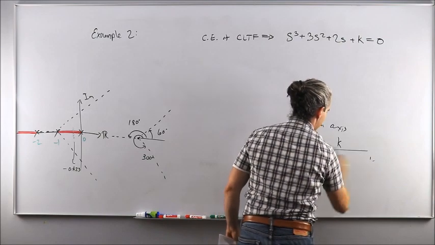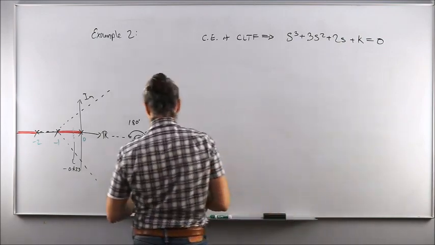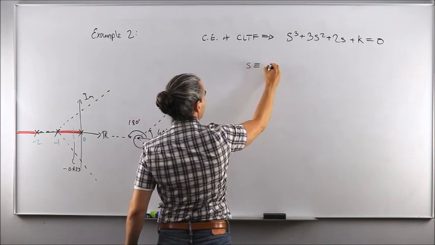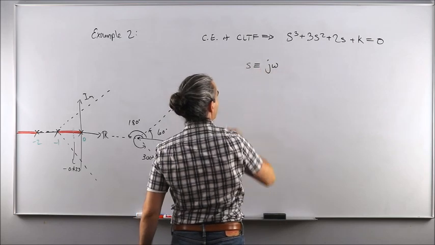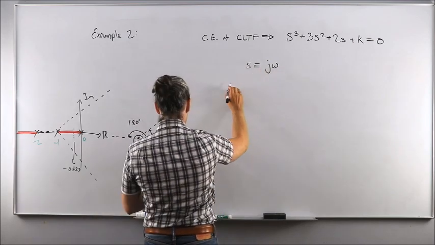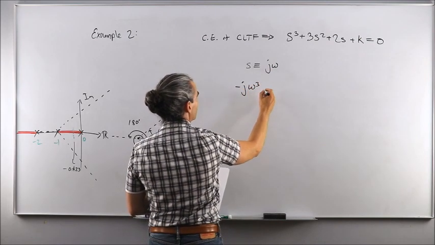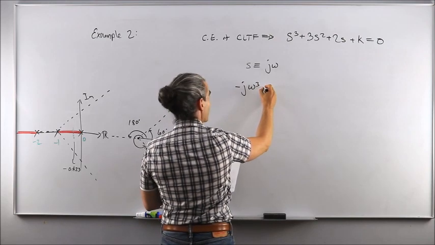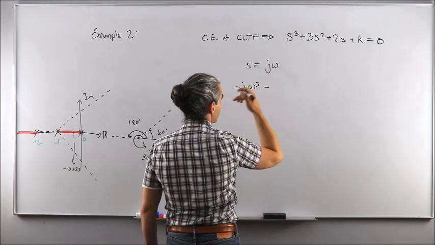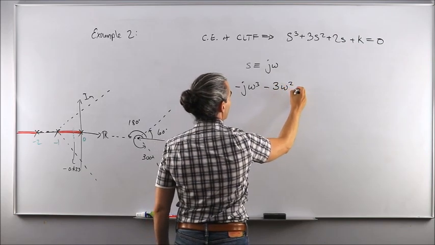Now, what do we do next? The next step, you need to replace the s variable with what they are, and that is omega j. So omega j of s cubed would be minus j omega cubed. And then with the s squared, square root of minus 1 square is just minus 1, so minus 3 omega squared.